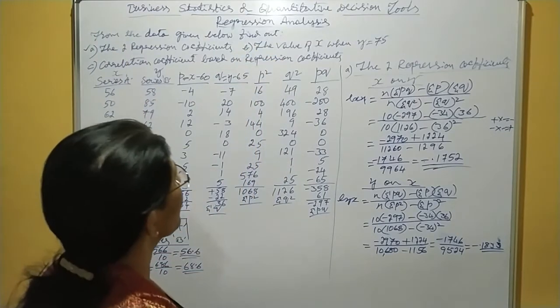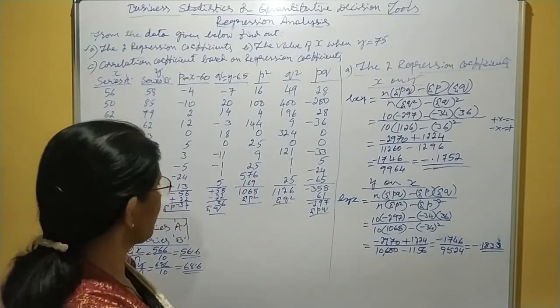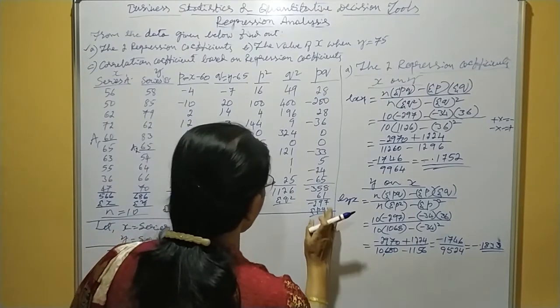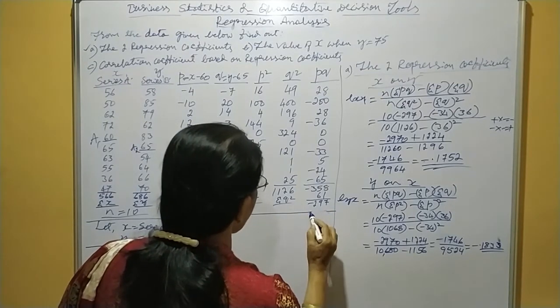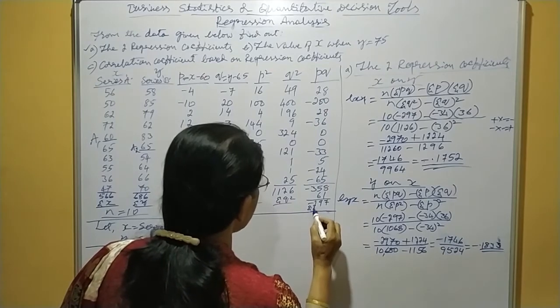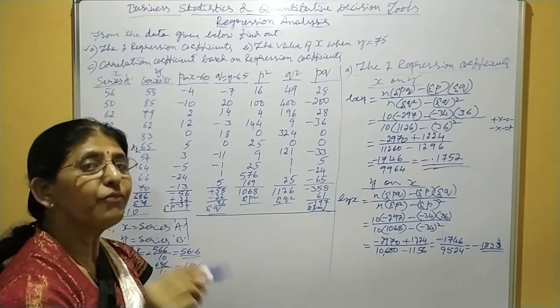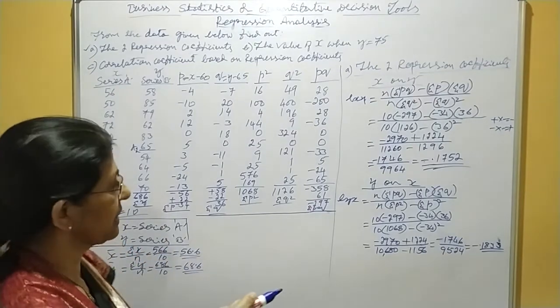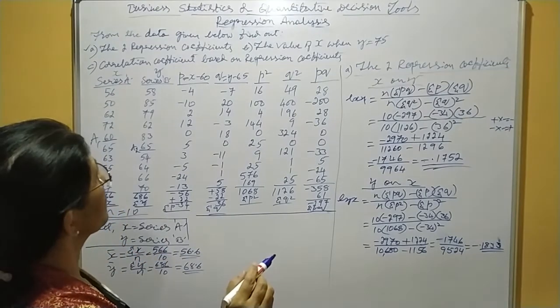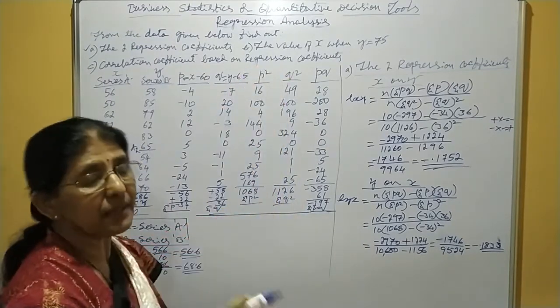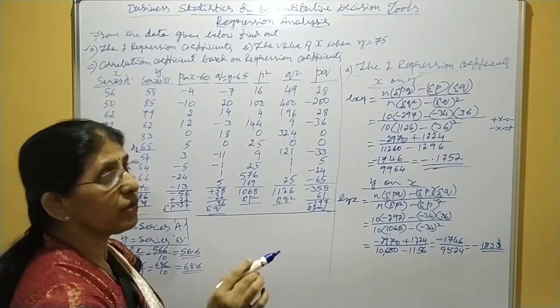Second question, the value of x when y equals 75. Here to find the value of x, which regression equation do we need? Sorry, here we have to find the value of x.